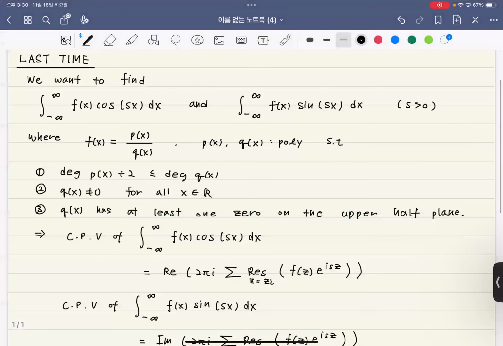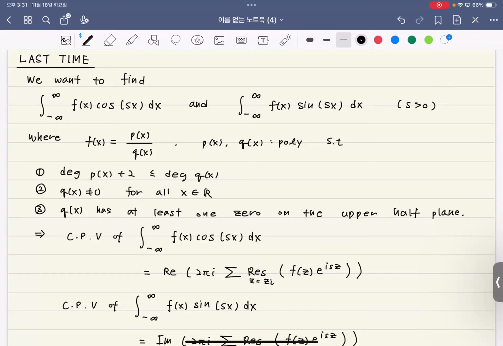Okay. So last time, since I was running out of time, I was not able to finish the discussion. Let me remind you that last time, we tried to compute these two improper integrals. Precisely speaking, we wanted to compute the Cauchy's principal values of these two improper integrals, and we were assuming that f of x was a rational function, which is nothing but a quotient of two polynomials satisfying these three conditions.